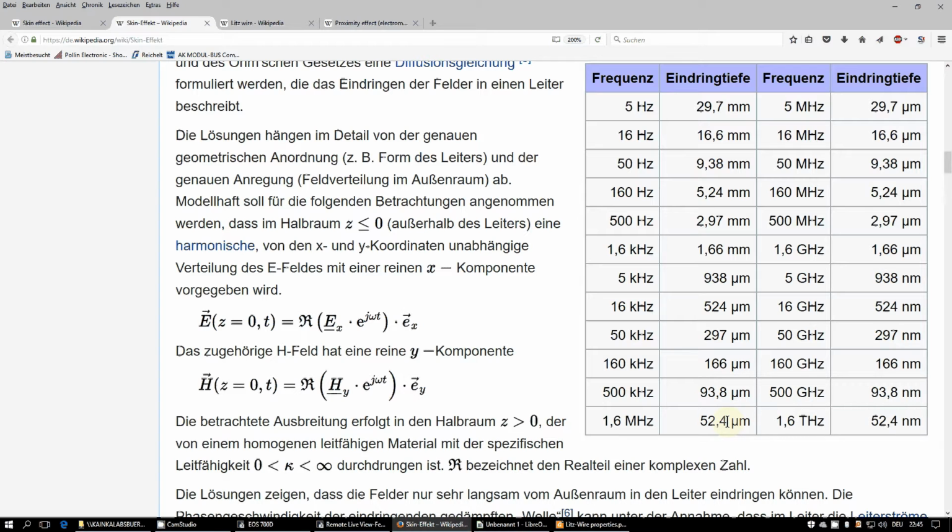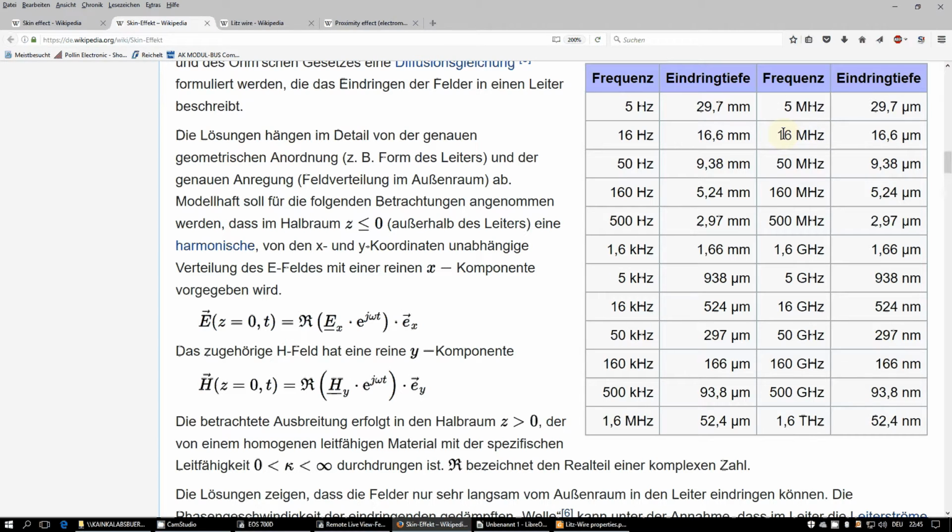That means if you have a wire 1 millimeter in diameter, then you have current only flowing on a very thin outer layer. And this even becomes worse when we go to the shortwave band.